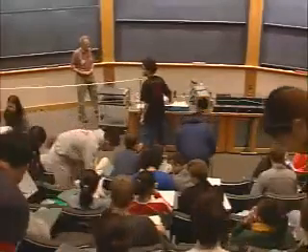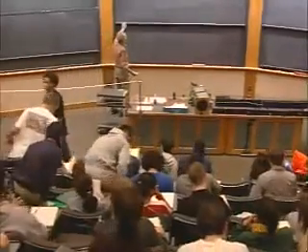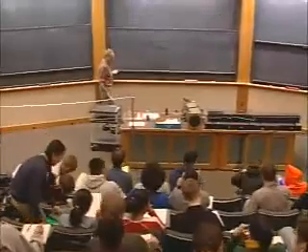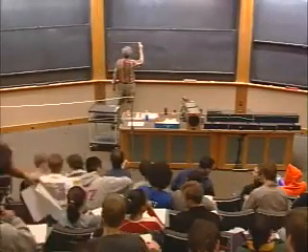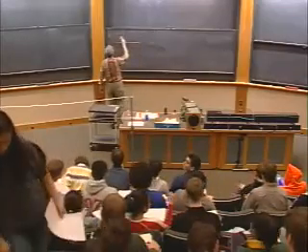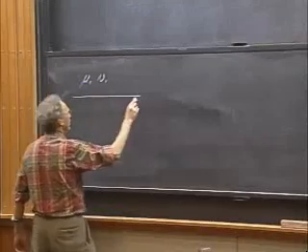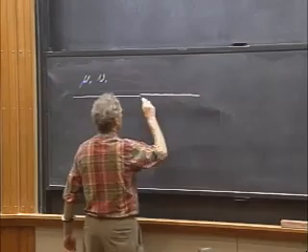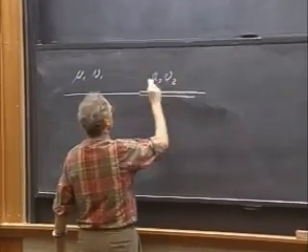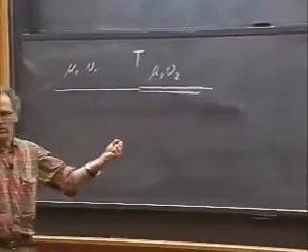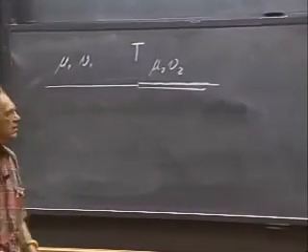I'm now going to change the boundary conditions, which is something that you will need very much for your problem set. Here is a string, mu1, v1, and here is a string, mu2, v2, and obviously they are at the same tension, one string.